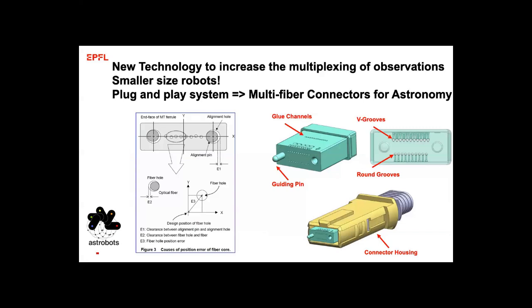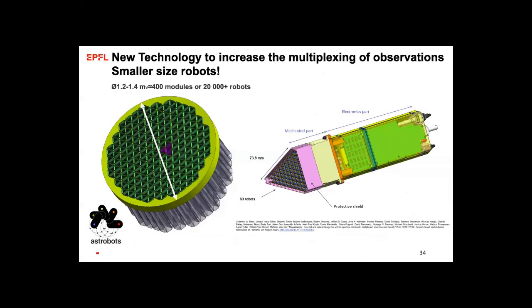Another thing that we're trying to push, because we have this modular system, is a fully plug and play system. That means, in particular for the fiber optics, having very precise low loss connectors. When you think of these modules, you have electric connectors, but you also need fiber connectors to make it easy to move modules in and out of your system.